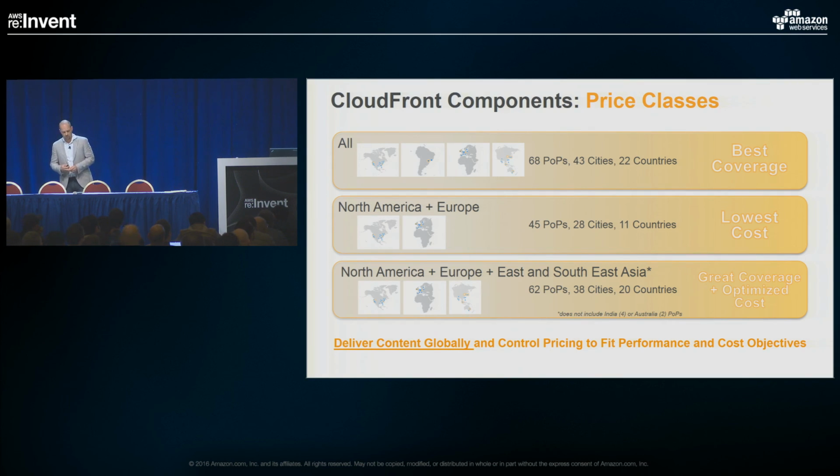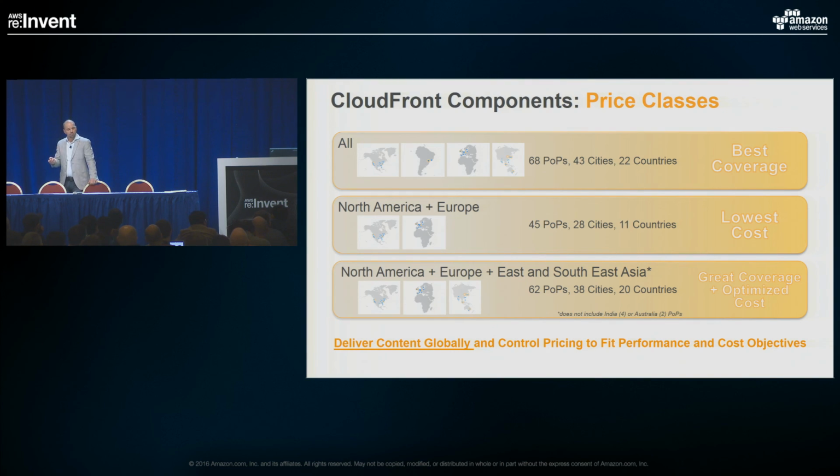And a lot of our customers realize that since we price the service based on where the content is being served from, we have regional pricing, that if you have most of your content being delivered in one region, you don't necessarily need it to be delivered from all over the world. So you could deliver it from the least cost region or the least cost edge locations.